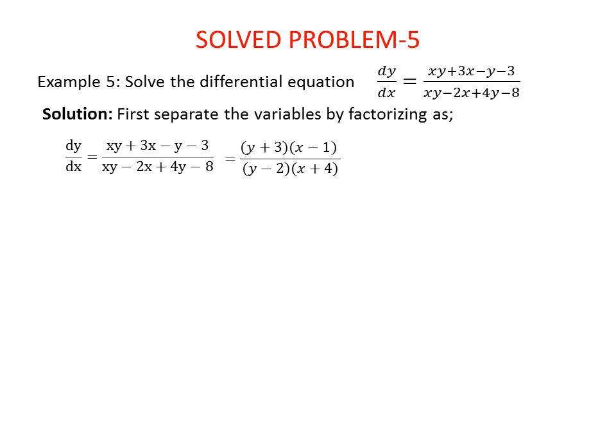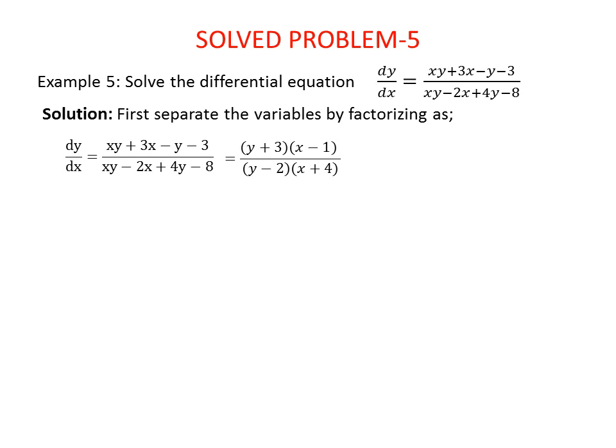Similarly we can do the same in the denominator. There is xy minus 2x, so we can take x common from the first two terms, and from the last two terms we can take 4 as a common factor.